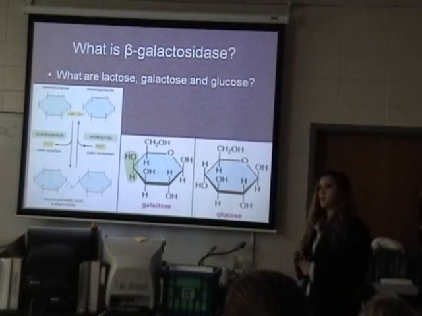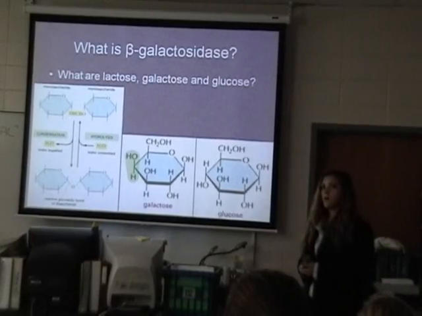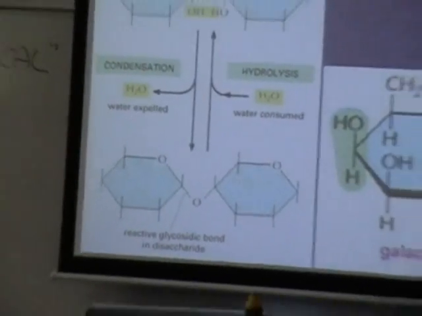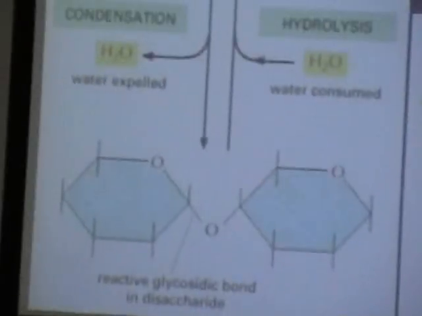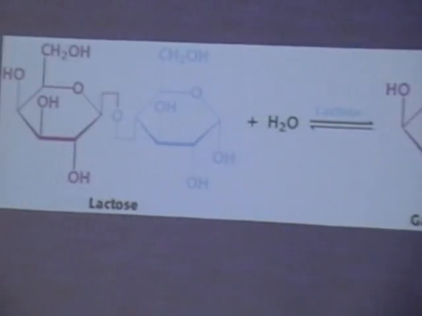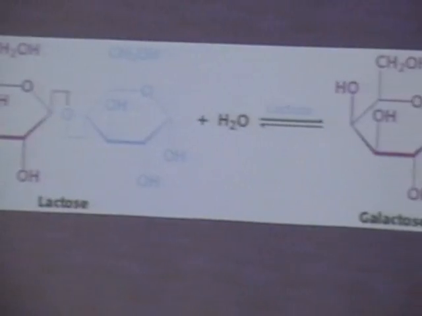This glycosidic bond makes these 2 molecules become a disaccharide, 2 molecules. The disaccharide is now lactose. Here's the reaction. Lactose plus water yields galactose plus glucose. And here's an illustrated picture of that.